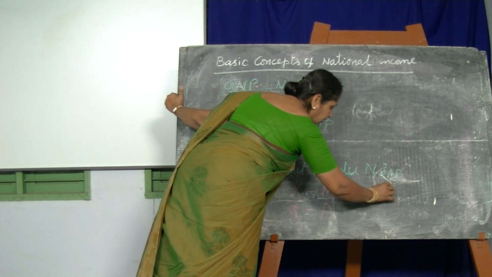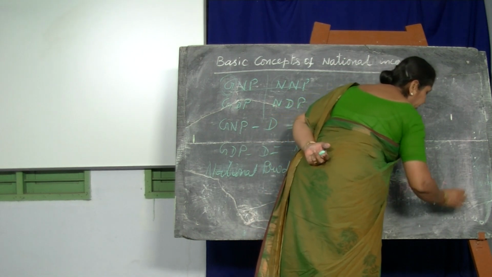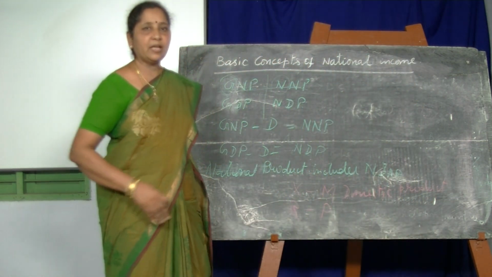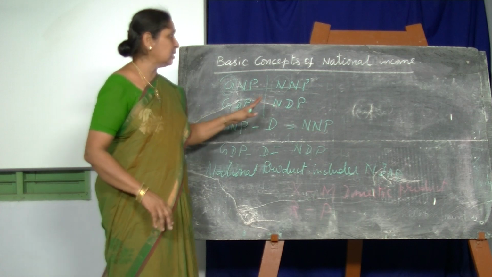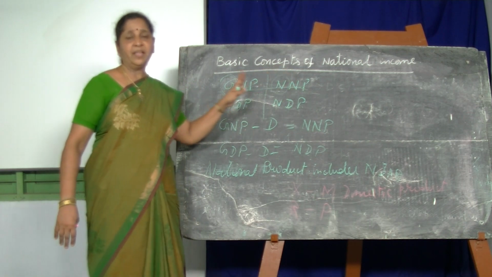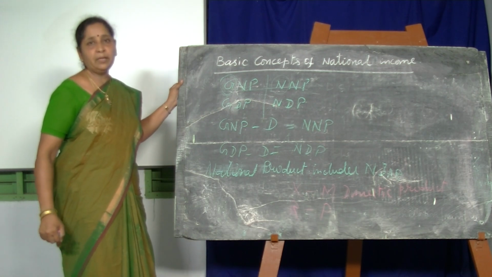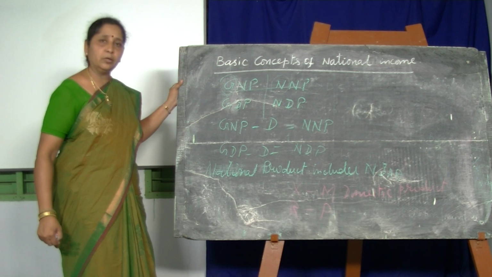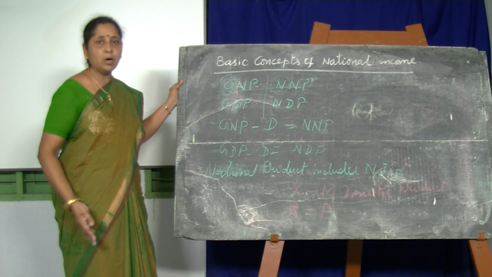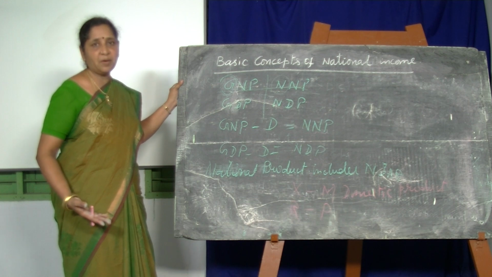Or otherwise, if domestic product is added with net income from abroad, we get national product. National income is included as an index. It is one of the most important indices in measuring our development or growth. So we have to account for it, no? When payment and receipts come automatically.